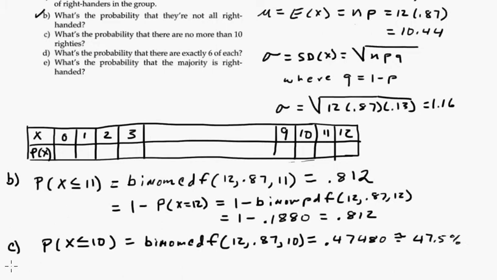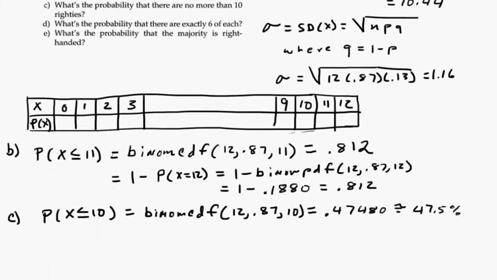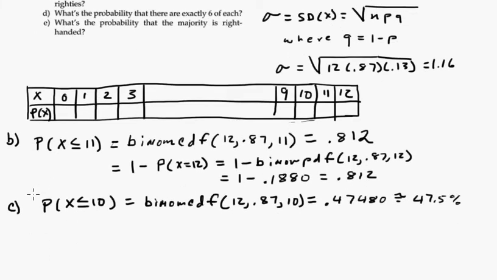Okay, a couple more real quick. Let's look at D. What's the probability that there are exactly 6 of each? 6 left-handers and 6 right-handers. What's the probability that there are exactly 6 of each?